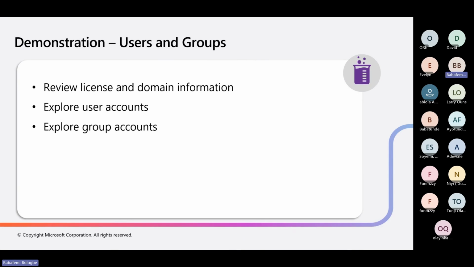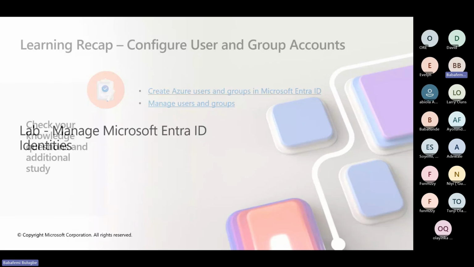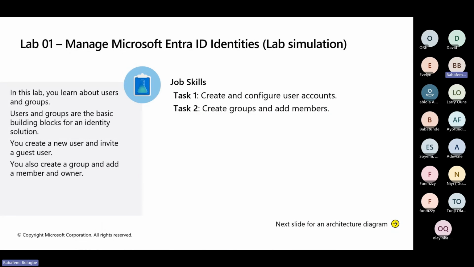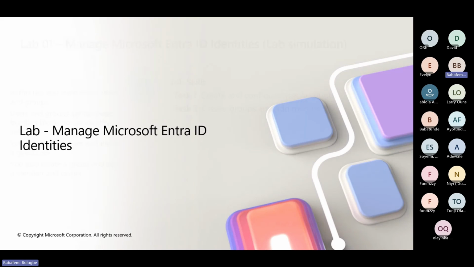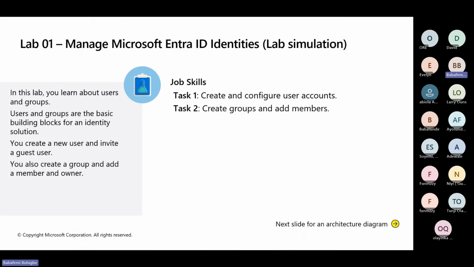So, let's do this. It's saying we should review the licenses and domain information, explore user accounts and group accounts. Okay, so this lab, I'm going to send this lab to the team. What you do is you are going to create and configure user accounts. You are going to create groups and add members.